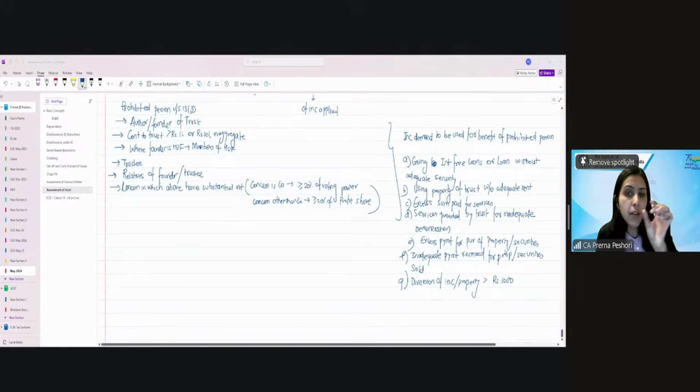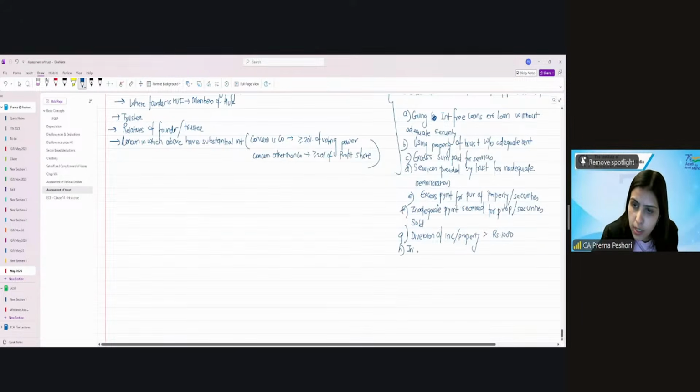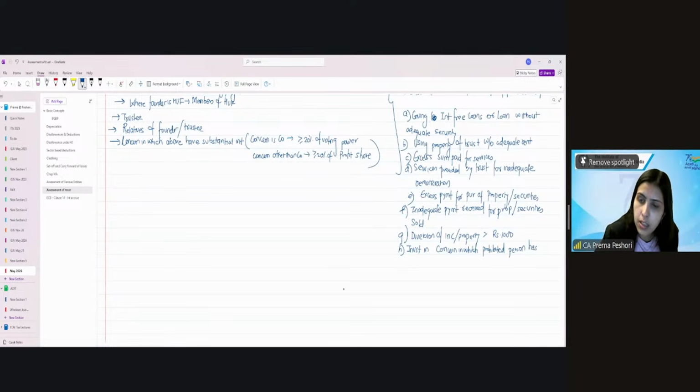However, if the investment by the trust is less than 5% of the capital of that particular concern, then in that case, there is no problem. Then only in respect of the income from that investment, the exemption will be denied. Okay, so investment in a concern in which the prohibited person has substantial interest.